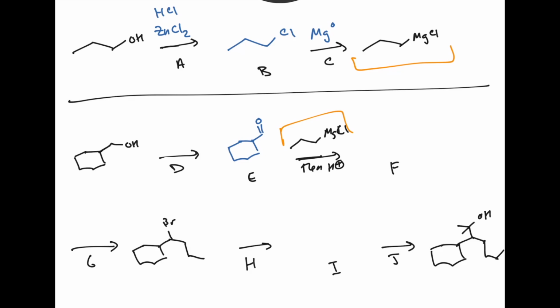How can I turn a primary alcohol into an aldehyde? We literally opened the class on this. Dess-Martin will work. Yep. Dess-Martin, Swern, or PCC, they're all mild oxidants that are going to oxidize that alcohol one time. So I've got this aldehyde. I've got this Grignard reagent.